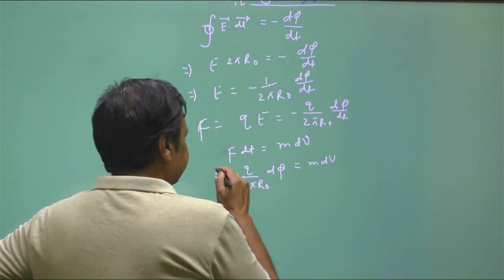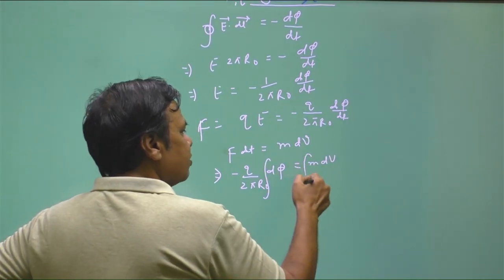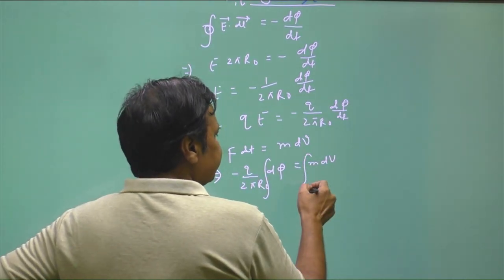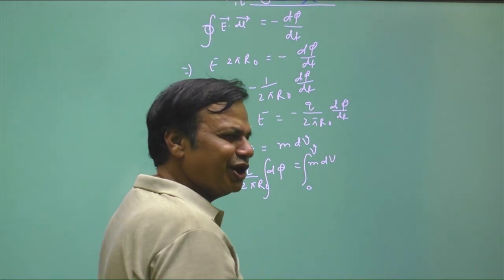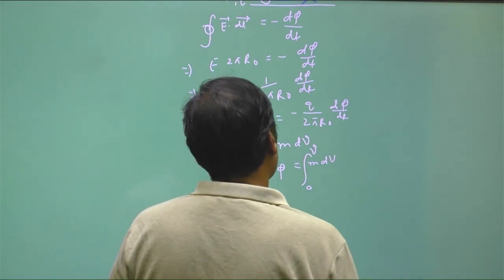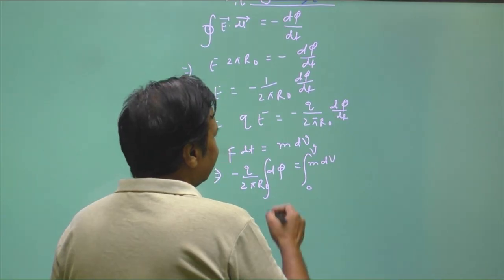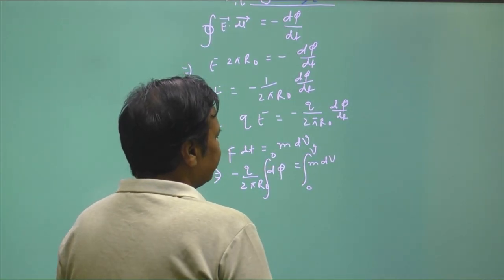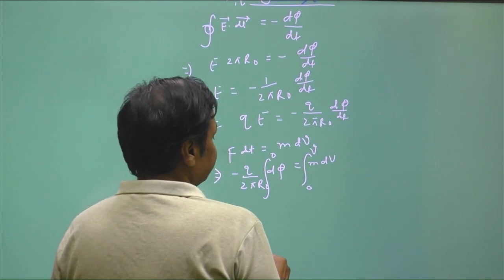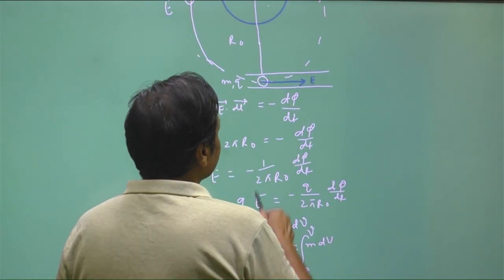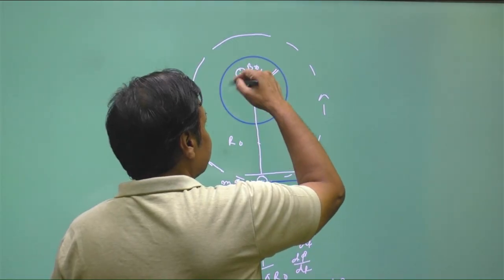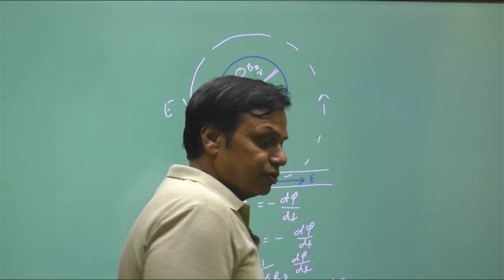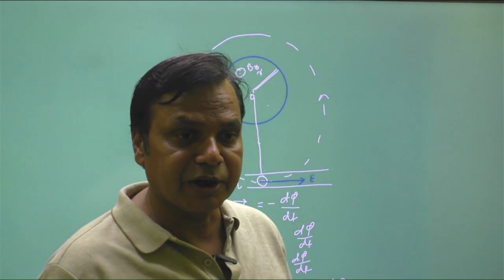And being a mathematics student, you know what to do next. Velocity was initially 0 and final velocity will become something, v or v1, anything. Final flux is going to be 0 and initial flux was what? Flux is passing through this zone.